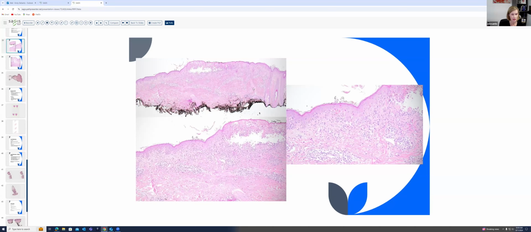So in this slide, the top left, we see that there's a split that appears to be subepidermal between the epidermis and the underlying dermis. Maybe there is some epidermal change overlying the split, but it's kind of hard to appreciate at this power. But as we start to go higher, we see that there is some vacuolar change along the dermal epidermal junction in the area adjacent to this split.